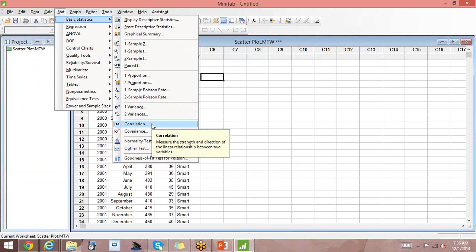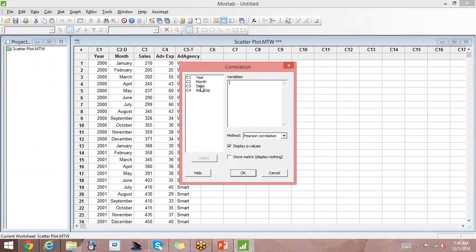Why am I doing this? Because by looking at the graph, I was not really comfortable deciding on the strength of the relationship. So I just click on this and see the relationship between these two. I'll go with Pearson correlation, though there is Spearman also.